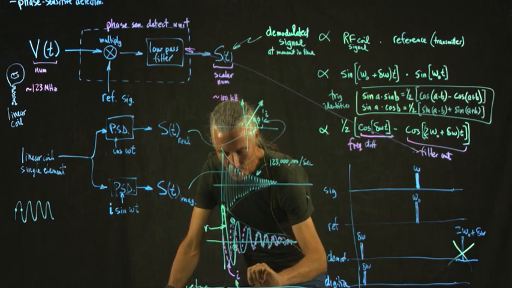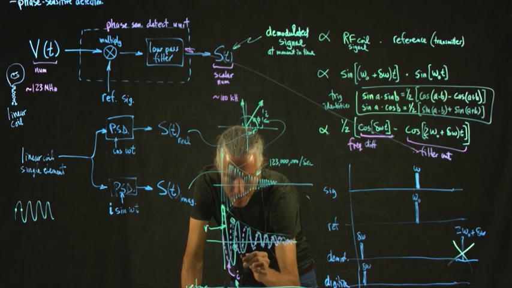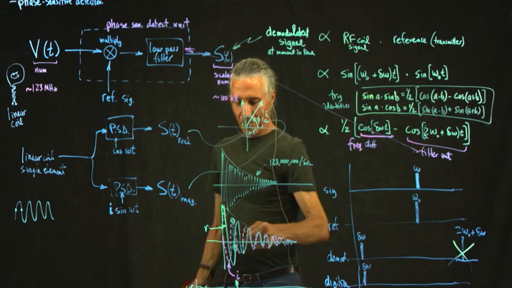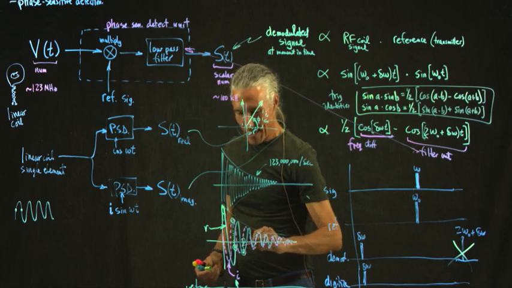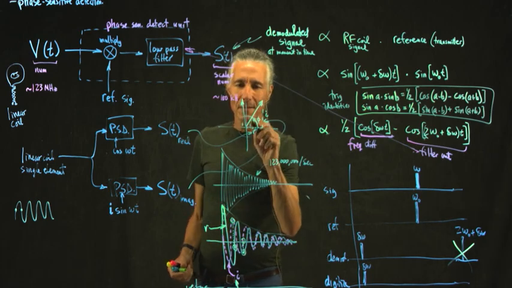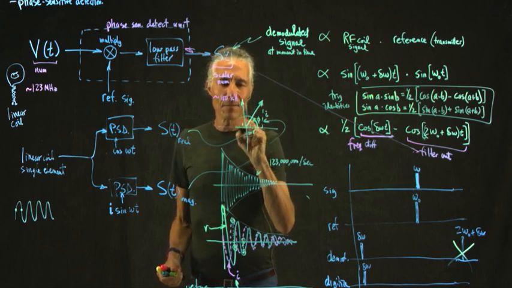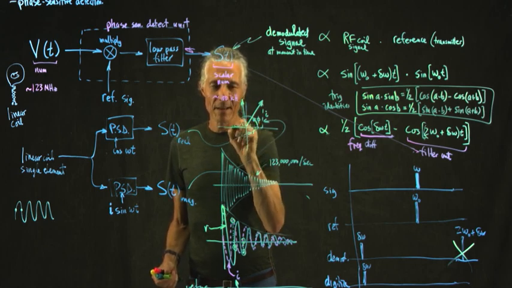Now, if we go a little bit later, say, let's take this one right here. That one had a negative real and zero imaginary.